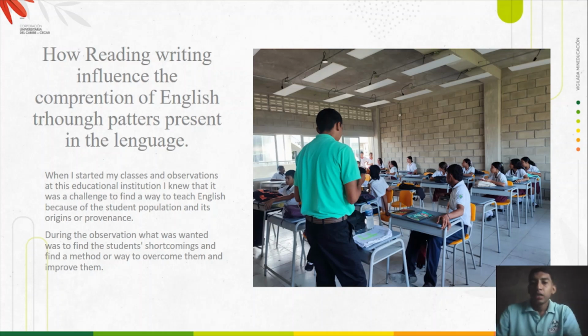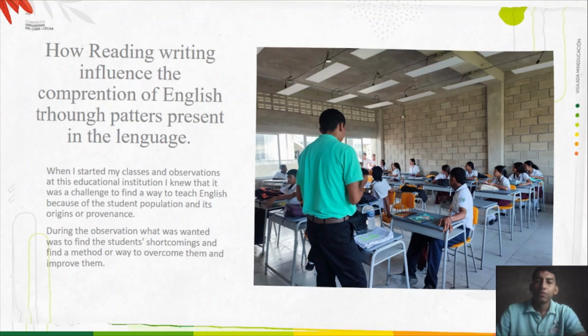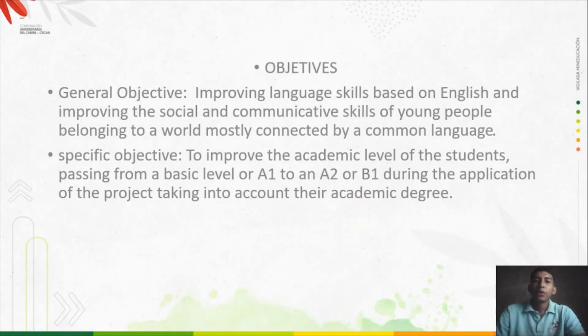So I didn't know how to start my project. It was a little bit of a challenge, but I decided to implement reading and writing about the patterns present in the language. Well, what are my objectives?